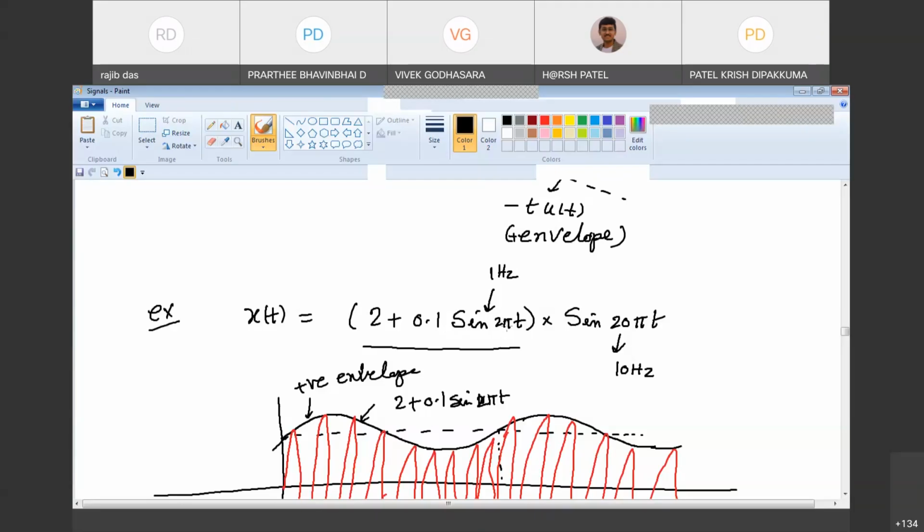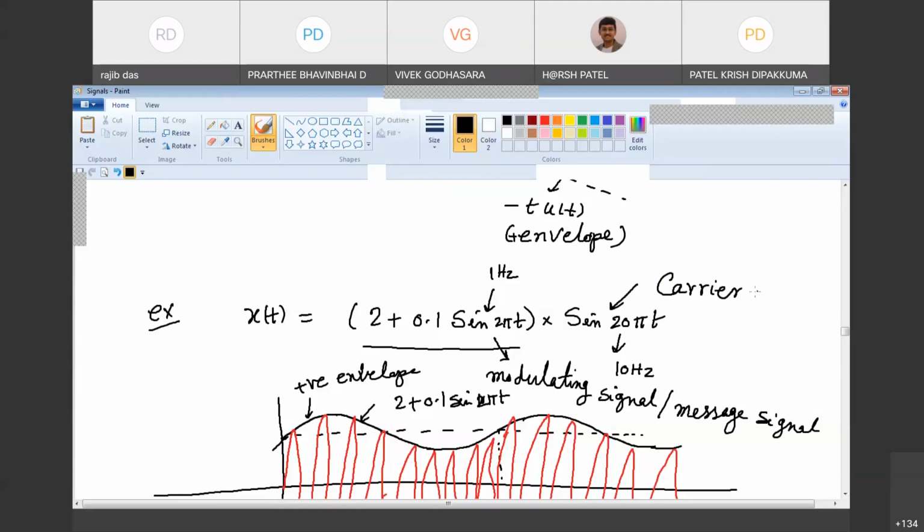So in communication, this is called the modulating signal, or message signal, that we wish to send. And this high frequency signal is called the carrier signal, by which we can send our modulating signal.